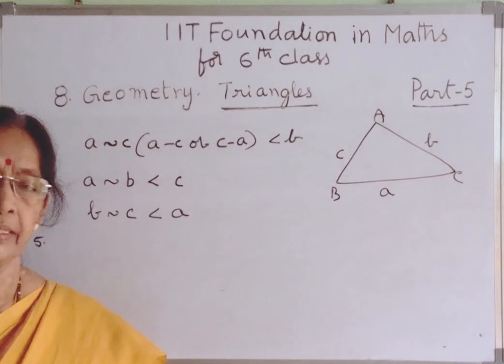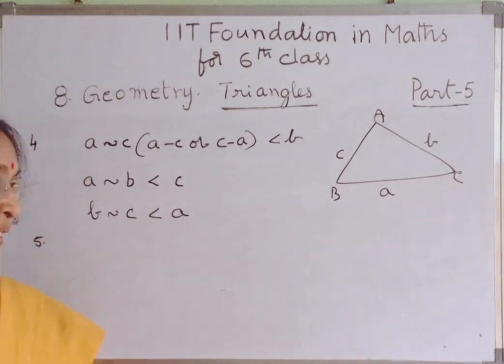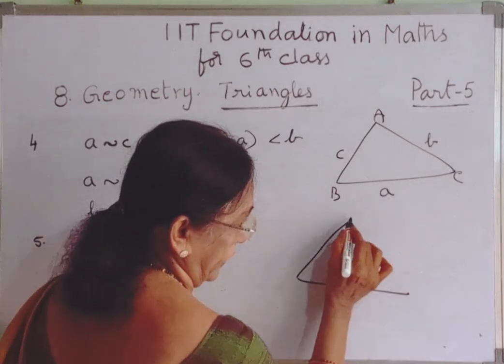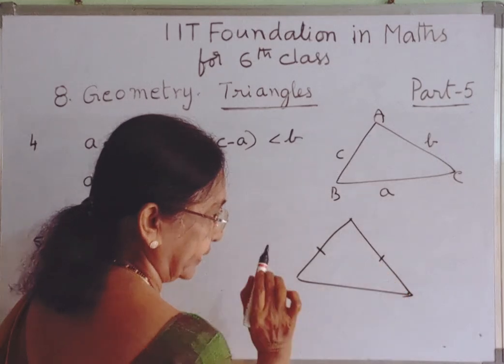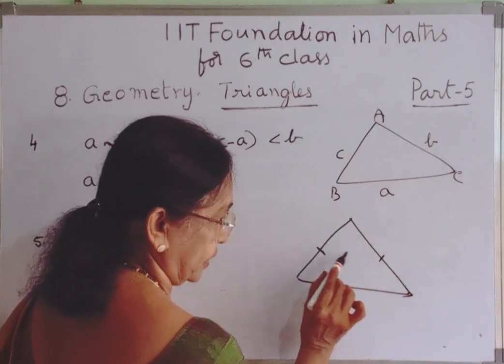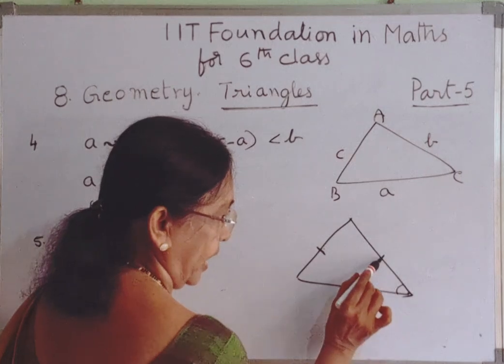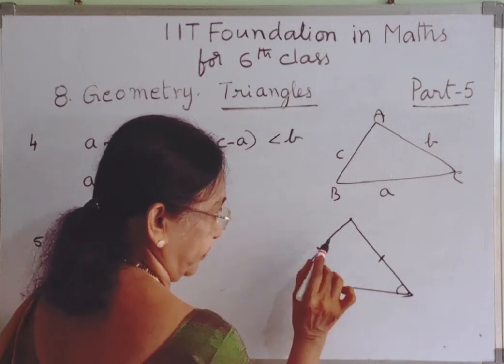The angles opposite to equal sides are equal. Let us take a triangle in which two sides are equal. Then the angles opposite these two sides are equal.